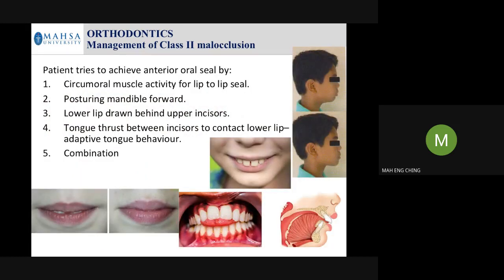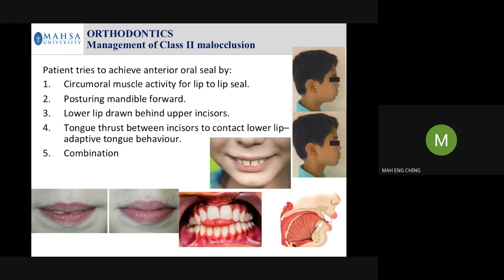So sometimes patients try to achieve the anterior oral seal by doing a few methods. With this Class 2 Division 1 or skeletal Class 2, they usually have difficulty achieving the lip seal. So what they try to do is posture the mandible forward.